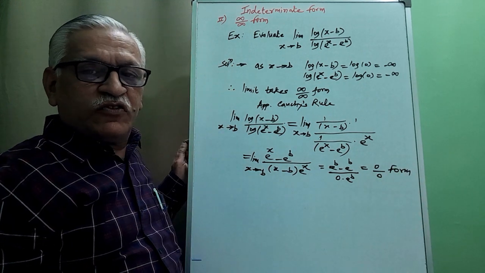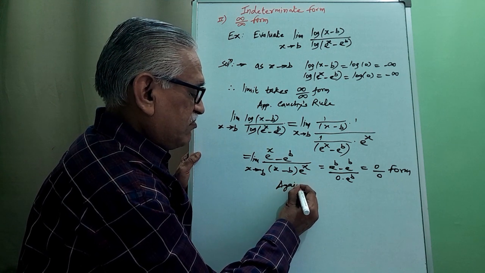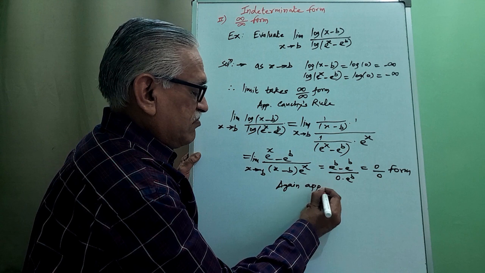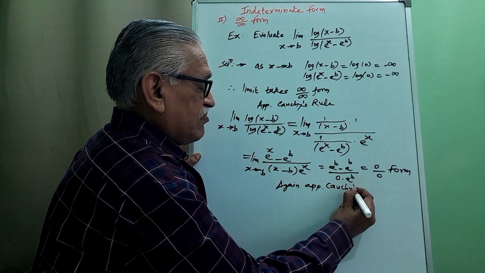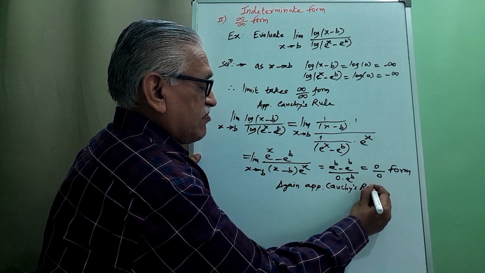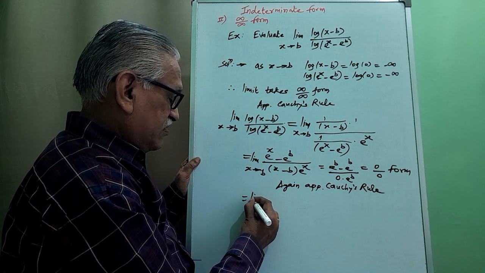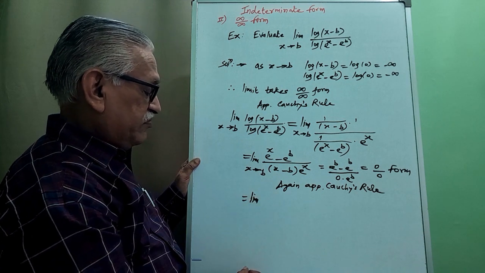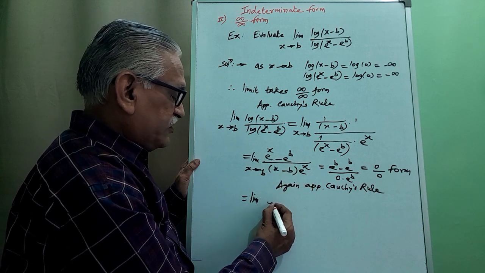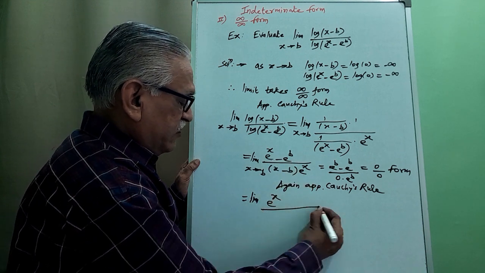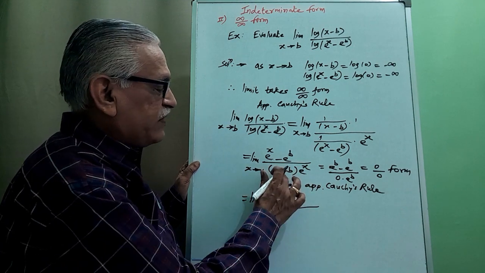As we get 0 by 0 form, we again apply Cauchy's rule. Differentiating with respect to x, the derivative of the numerator is e raised to x, divided by the denominator, which is a product of two terms in x, therefore applying the product rule.